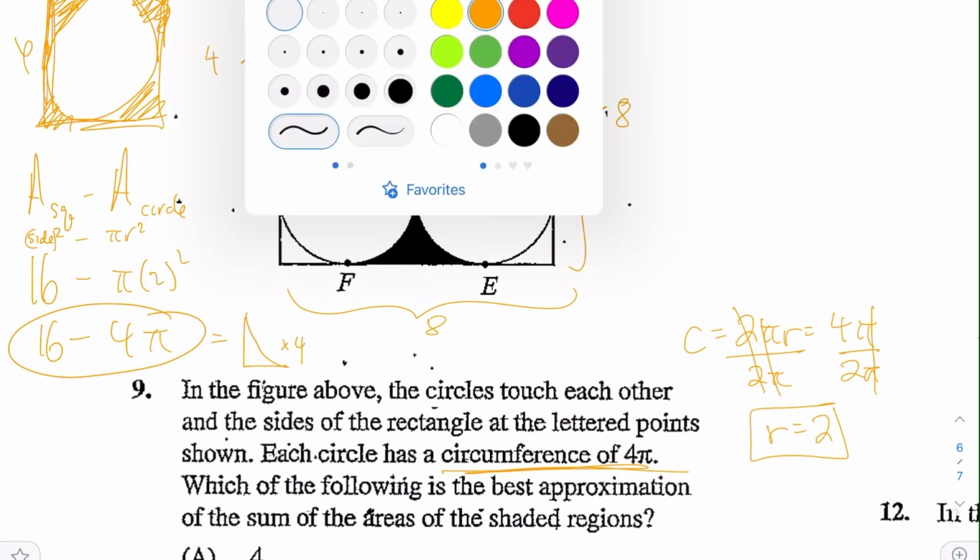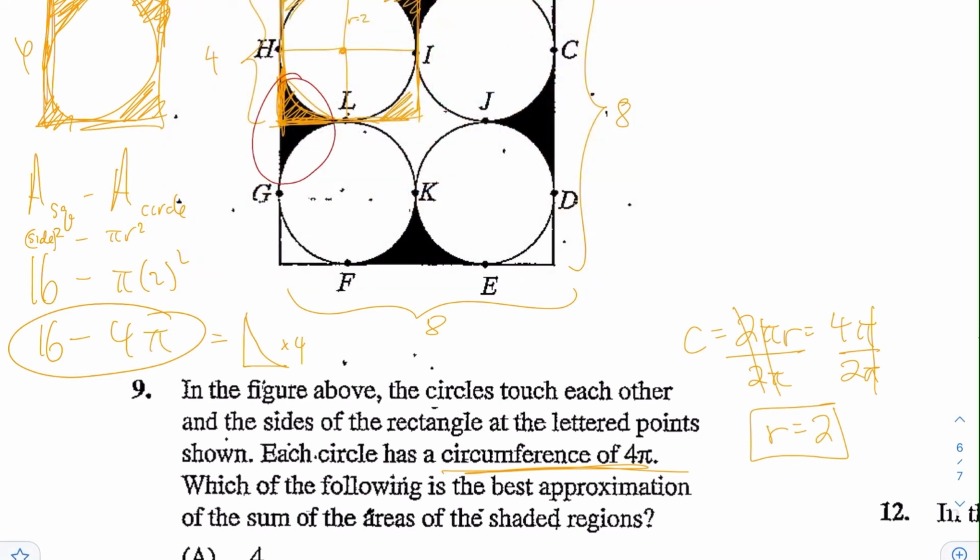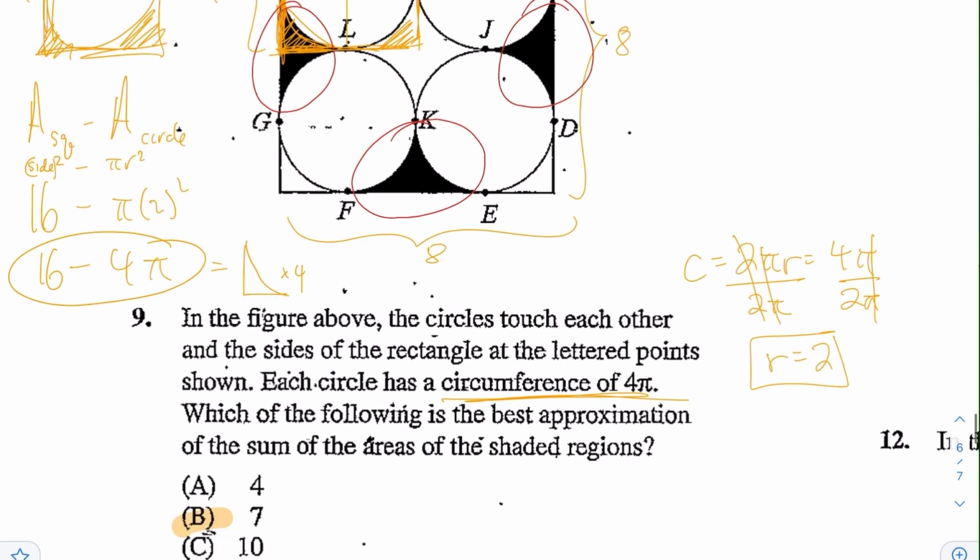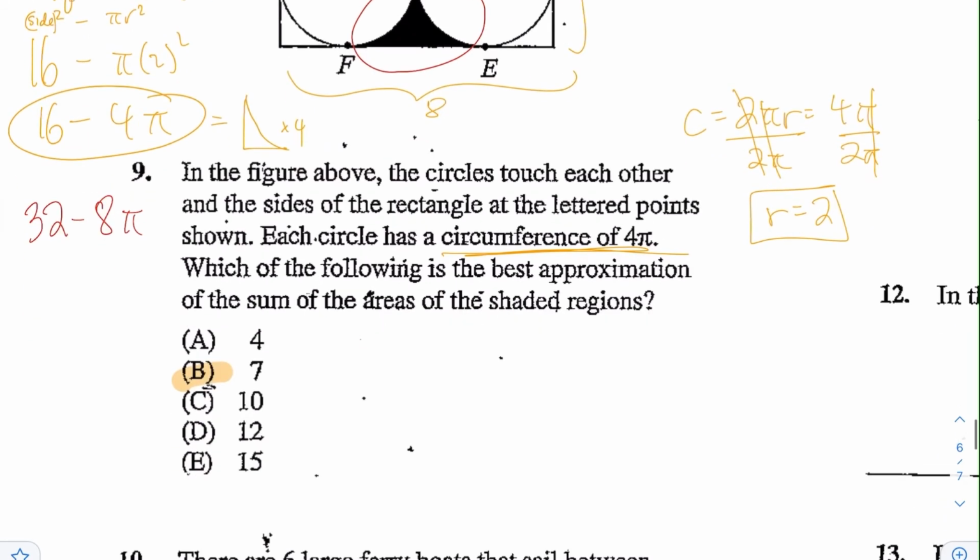If you count the number of those shapes, you have 1, 2, 3, 4, 5, 6, 7, 8. So just double this, and that will give you 32 minus 8 pi. Now, pi is approximately 3.14. So if you do 8 times 3, that will give you about 24.